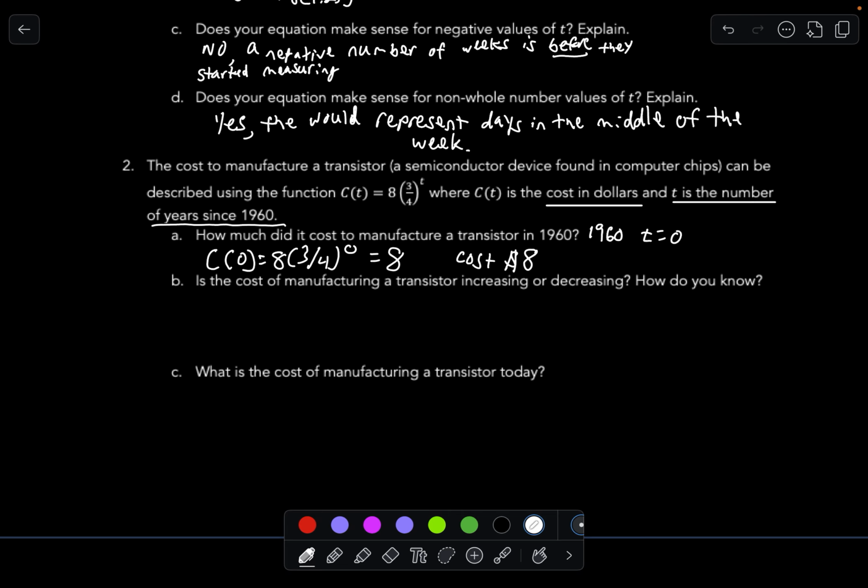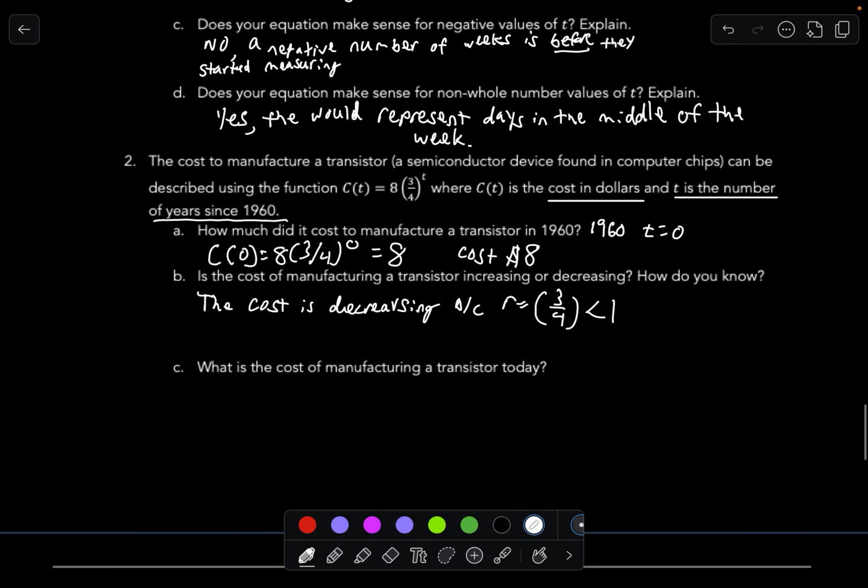Is the cost of manufacturing a transistor increasing or decreasing? How do you know? Well, the cost is decreasing because r, the common ratio, the number we're multiplying by, the base of the exponent, is 3/4, which is less than 1. So each time you multiply by 3/4, it gives you a result that's less.